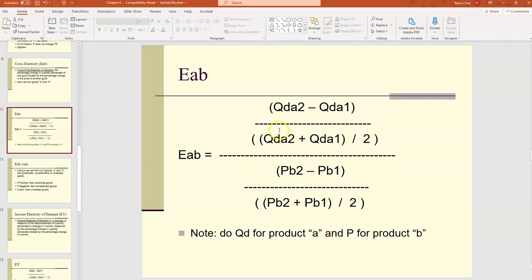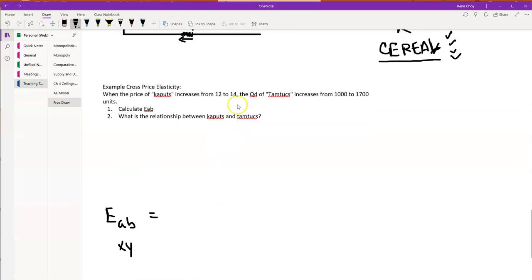If you look at the formula, we're still doing percentage change in quantity at the top, and percentage change in price on the bottom. Remember to label which one you're going to use as your price 1 and your price 2. My first price is related to the first quantity that was given here, and the second price is related to the second quantity.